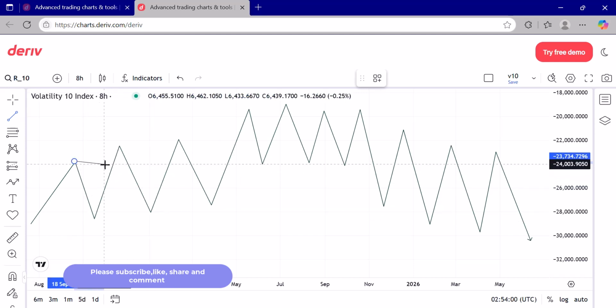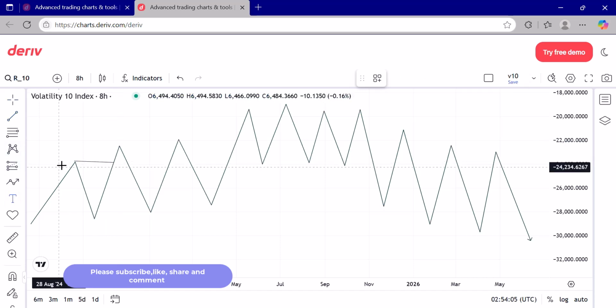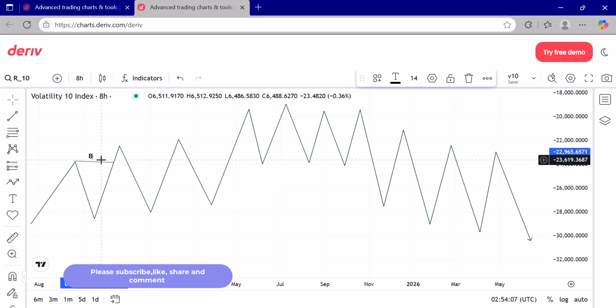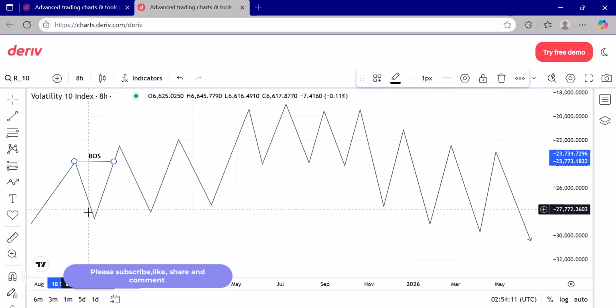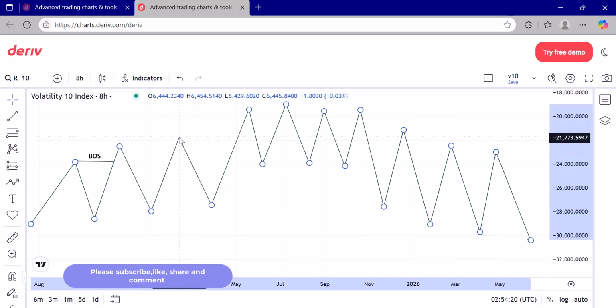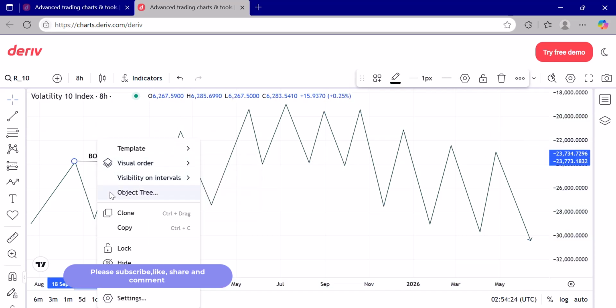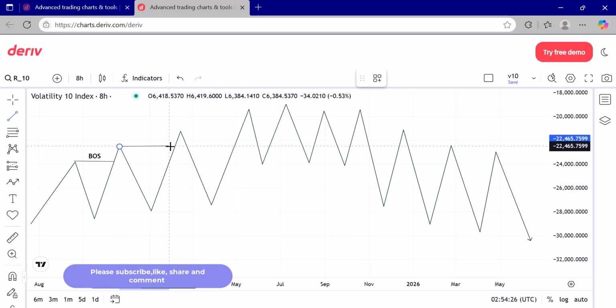So now there was a high here, and we had a break of structure, BOS. This was an impulse move. The market broke structure and it retraces. That's a correction. It moves further to have another higher high, meaning it broke structure.